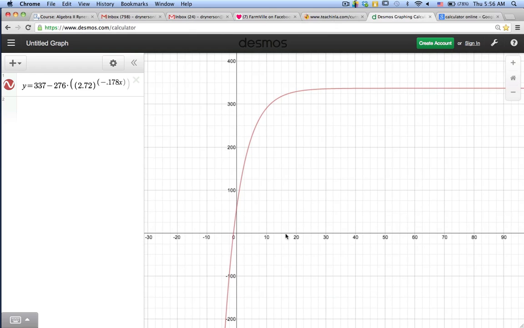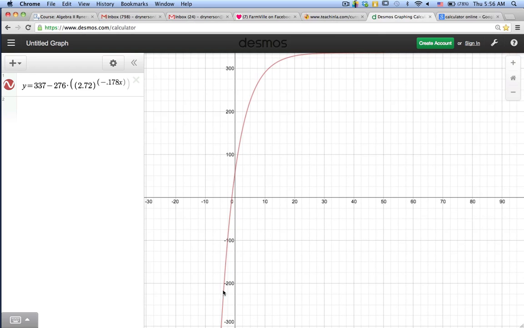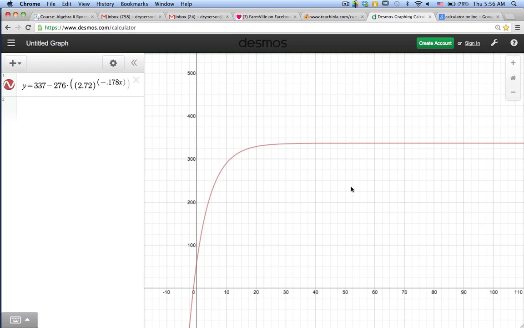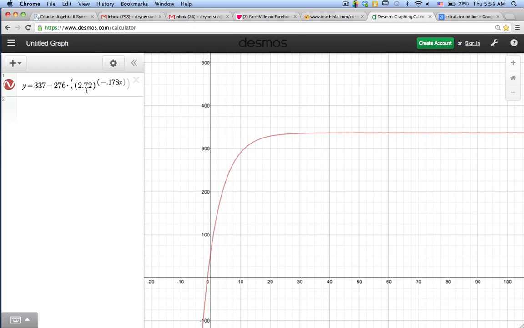Okay, and you can see that this is an exponential decay model, right? It's inverted. So you see the absolute values are very large here. It's vertical here on the left side of the graph. It's flat as we go out. That makes sense because I'm taking e to a negative power, right? So it's a decay function.